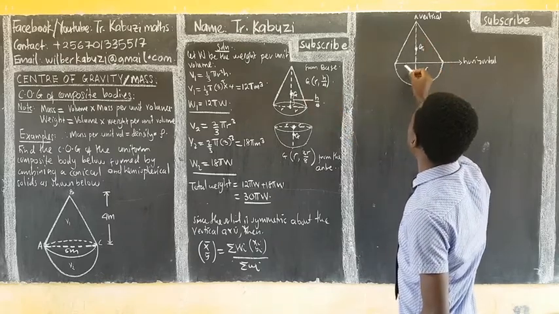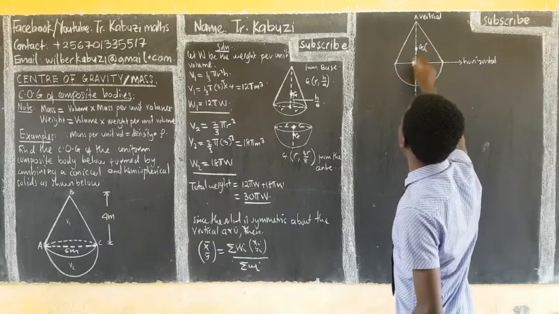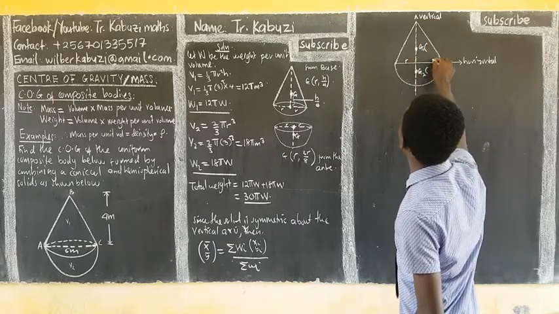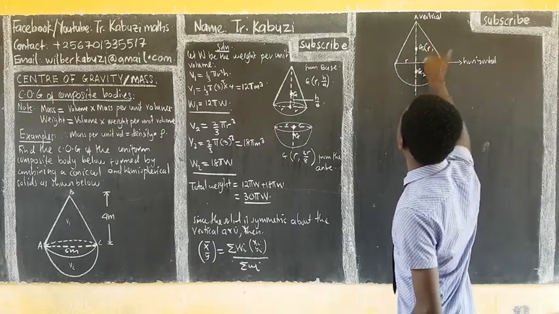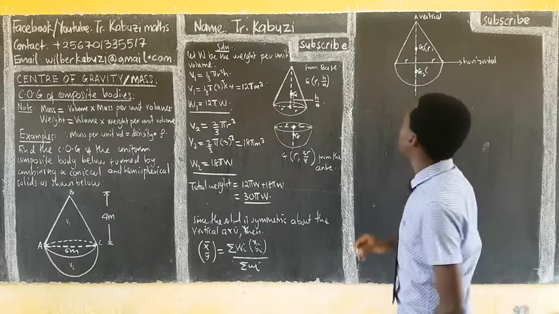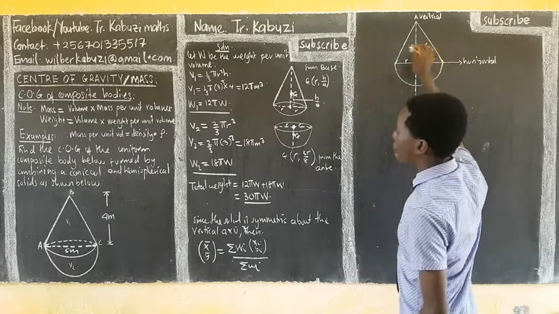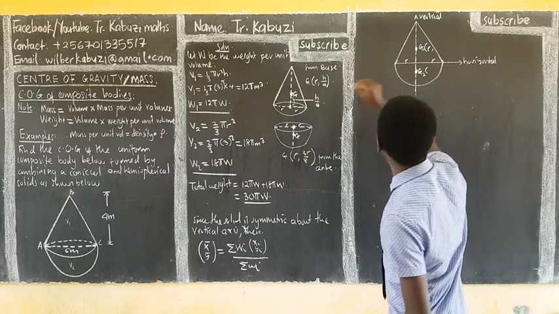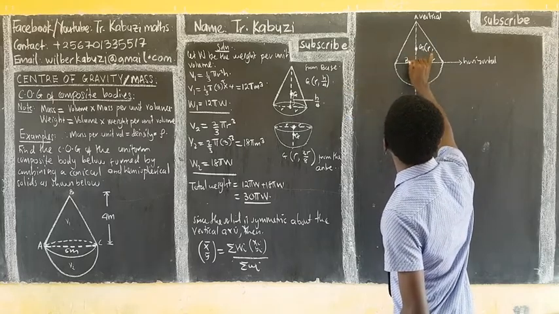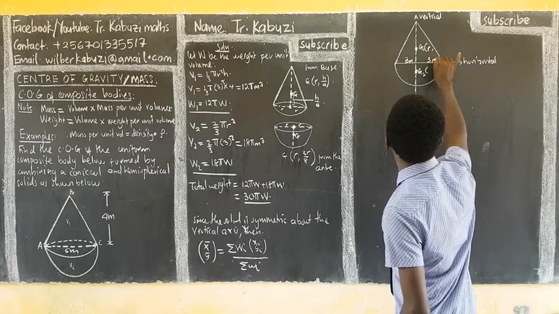From here up to here is R, and this is going to be R. For the cone, the R is going to be 3 meters, and this is 3 meters.